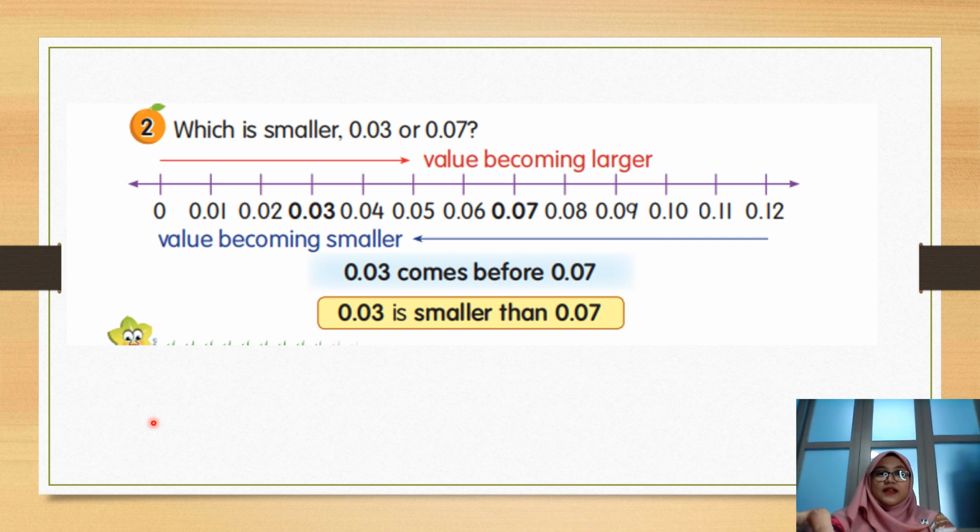Okay, now let's compare using number lines. So these number lines you can find in your textbook also. Look at this number line. We start from 0 and we end on 0.112.